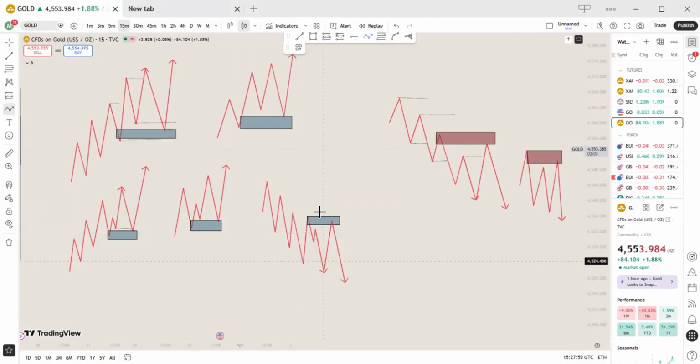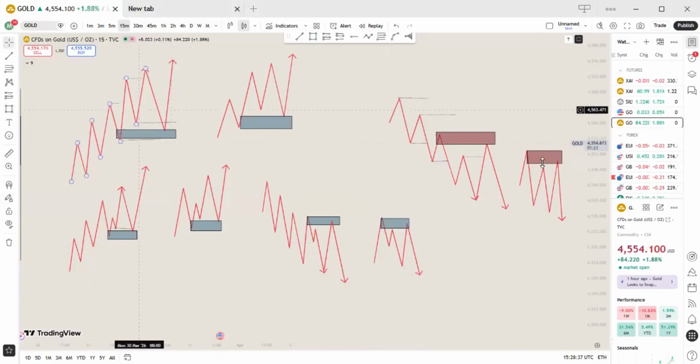So if market is coming back into this lower high, it means market is coming back to grab this liquidity, which is liquidity before a break of structure, which is why I also call it the happy pattern.